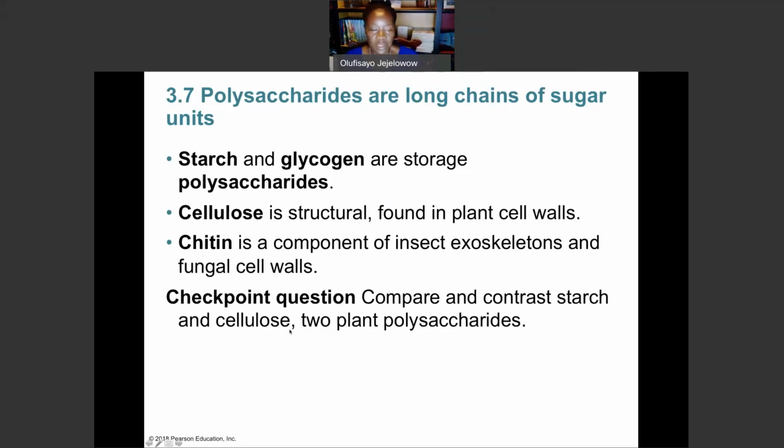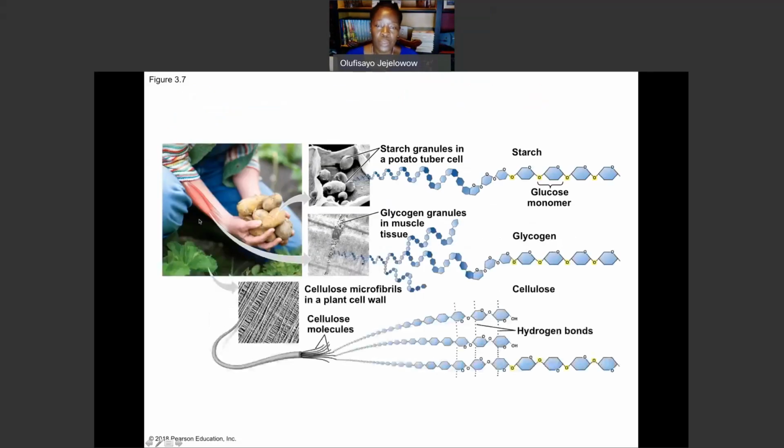Compare and contrast starch and cellulose. These are two plant polysaccharides. So these are in your potatoes, the starch granules in the cells. This is an electron micrograph looking inside the cell.